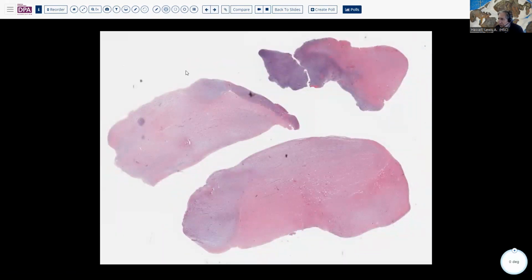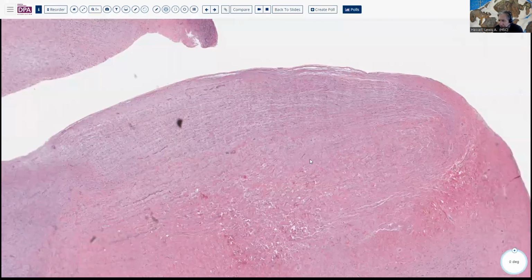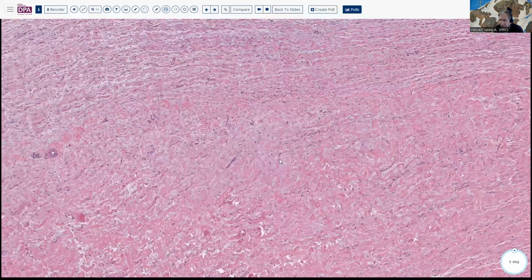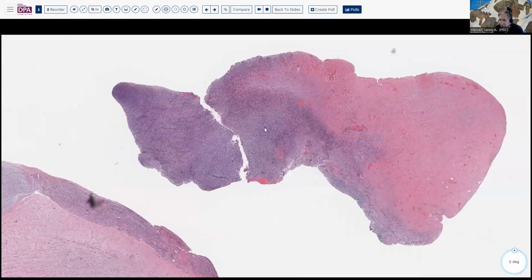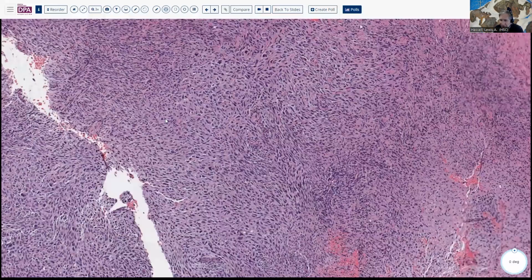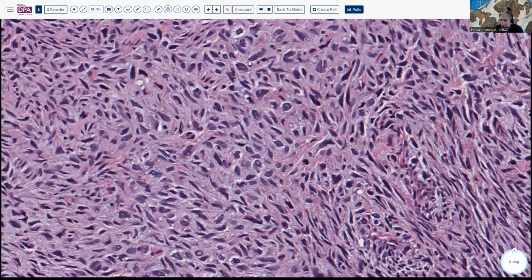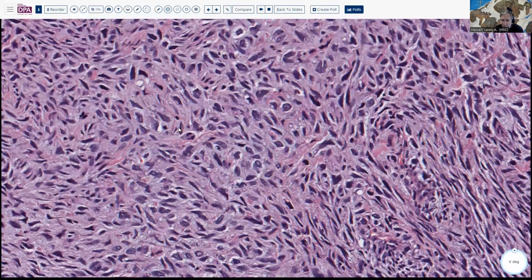A couple of other examples. This is one where we have a neurofibroma here, as you can see, and nice wavy nerve fibers here. But then we have an altered area associated with this where the cellularity is much higher. There's a little bit more atypia, some nuclear irregularities. The membranes are less smooth.